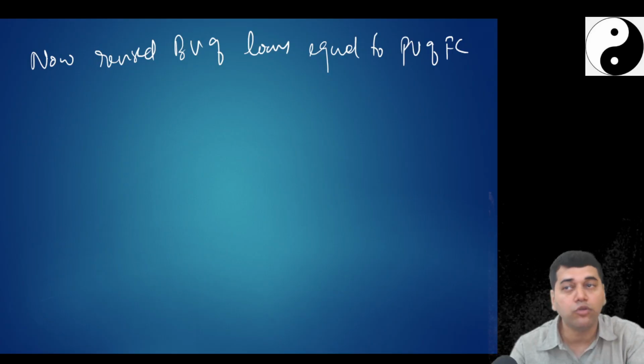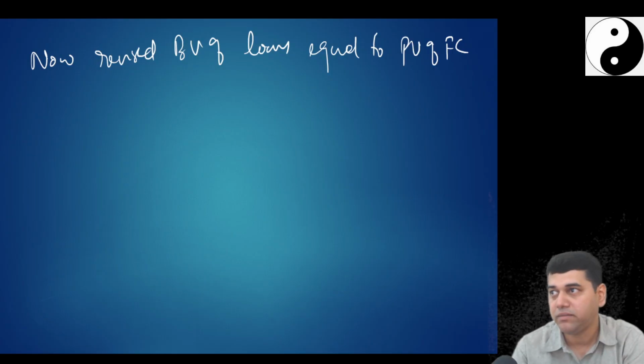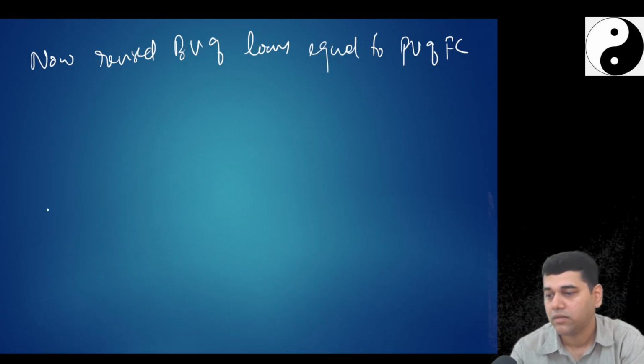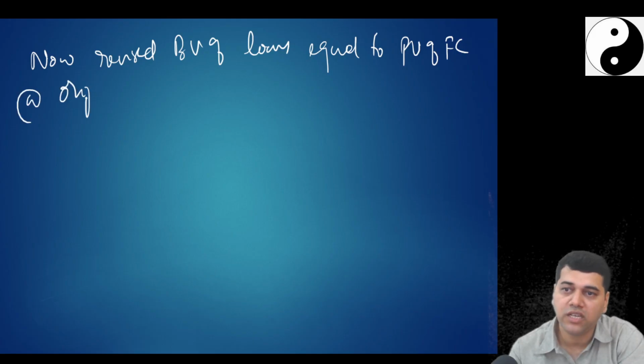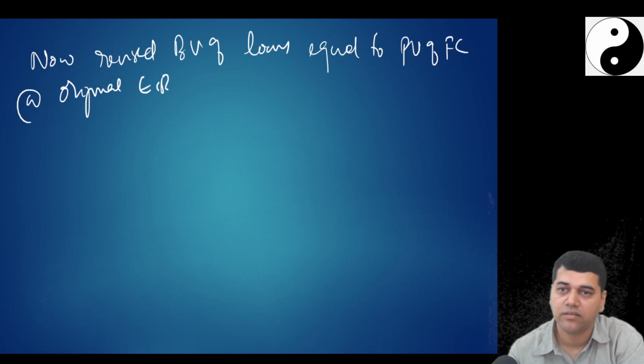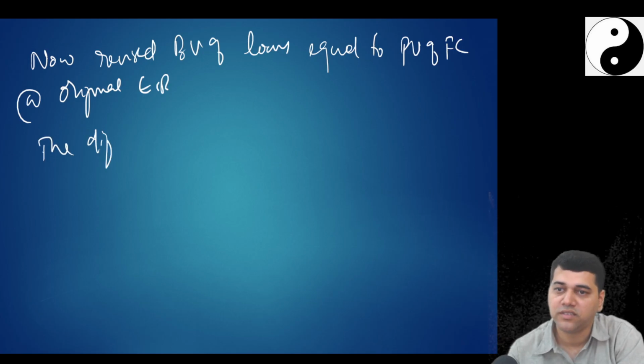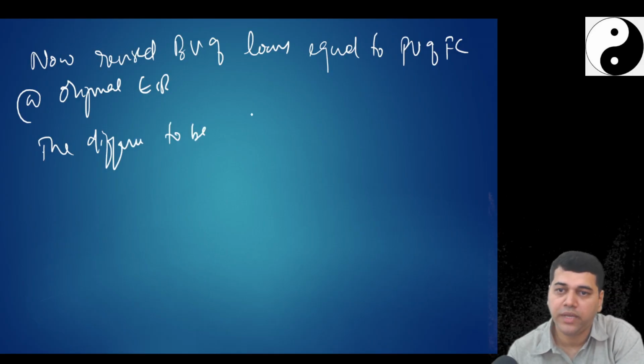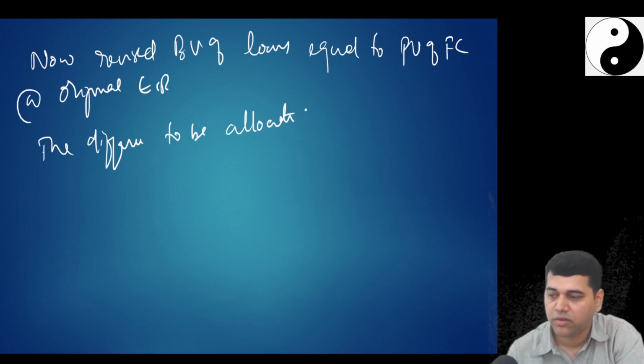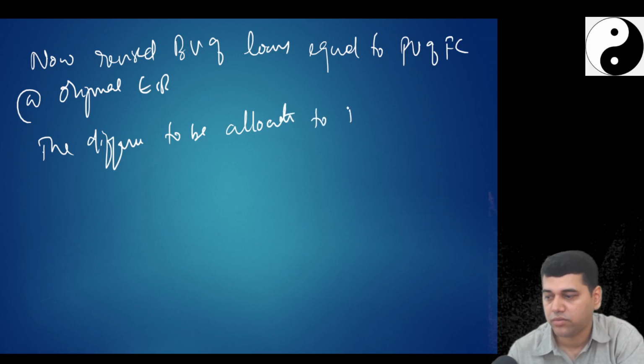Since he has repaid 2 lakh, your reshuffling happened at original EIR, 12%. The difference to be allocated to discount.